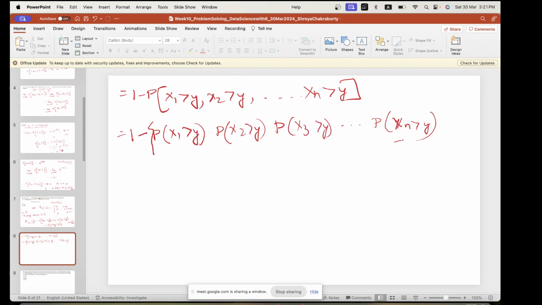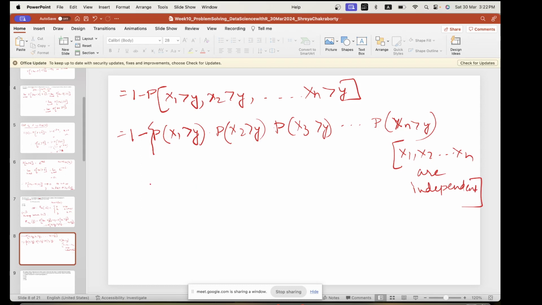We can do this because x1, x2, ..., xn are independent. If two events A and B are independent, then the probability of A intersection B is the probability of A times the probability of B. Same here: we have x1 greater than y and x2 greater than y and xn greater than y, so in essence this is an intersection. Since all are mutually independent, we can write it as a product of their probabilities.